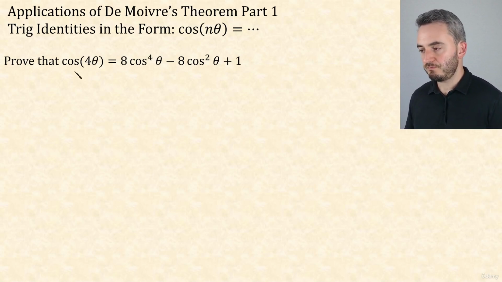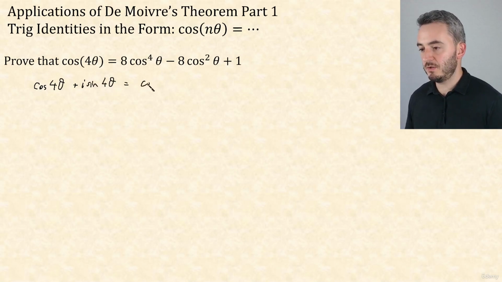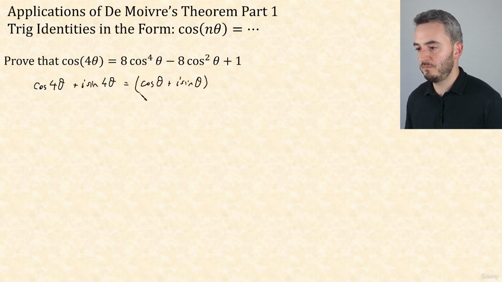Here's how. Let's start with the true statement that cos 4θ plus i sin 4θ is the same as (cos θ plus i sin θ) all to the power of 4. In fact, these are identical.